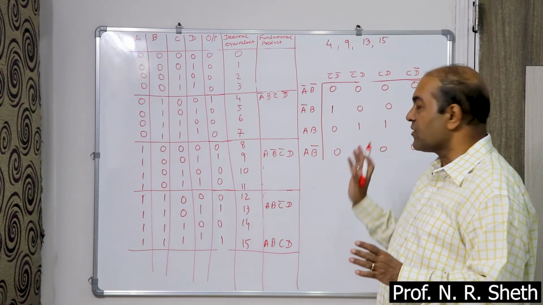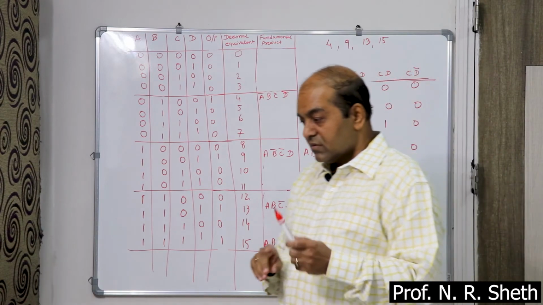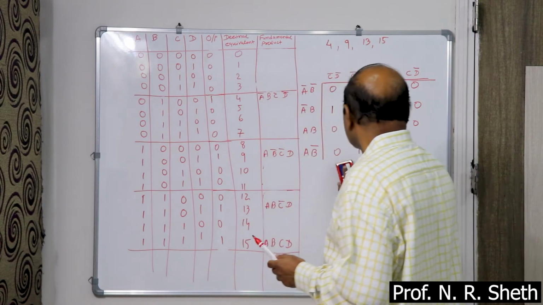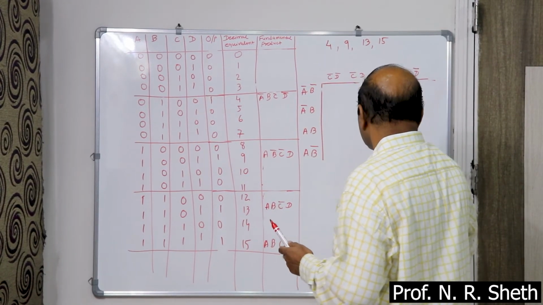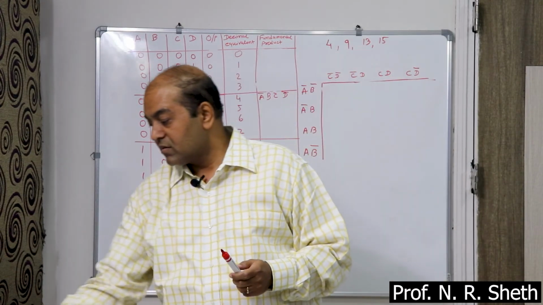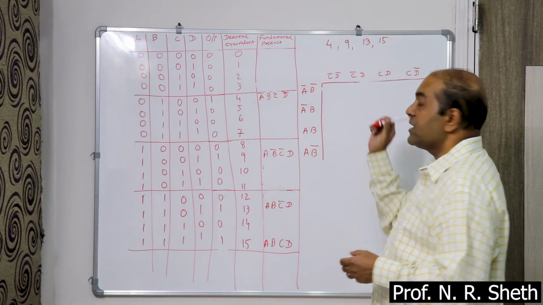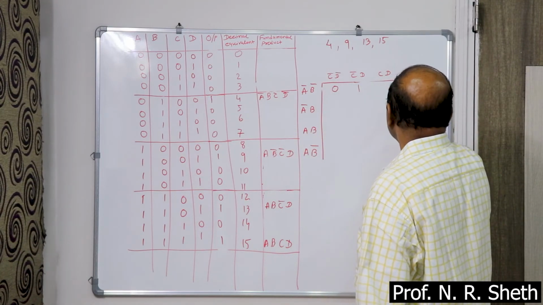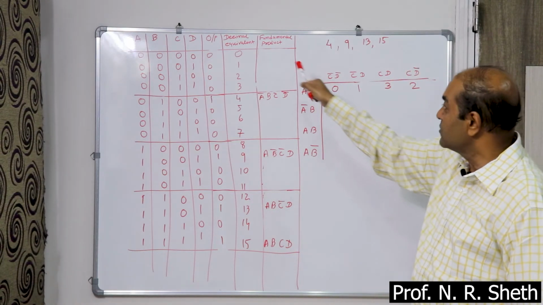This truth table is converted into K-map. Now I will give you another method by which directly you can represent decimal equivalent into K-map. 0, 1, 2, 3. This position is 0.